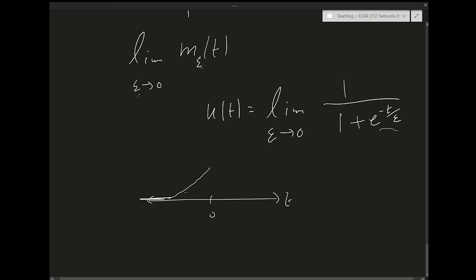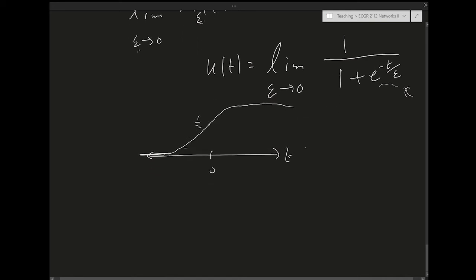At t equals 0, it's 1 over 1 plus 1, so it gets to half. For very large t, e to the minus a very large number is 0, so it's 1 over 1, and it hits 1.